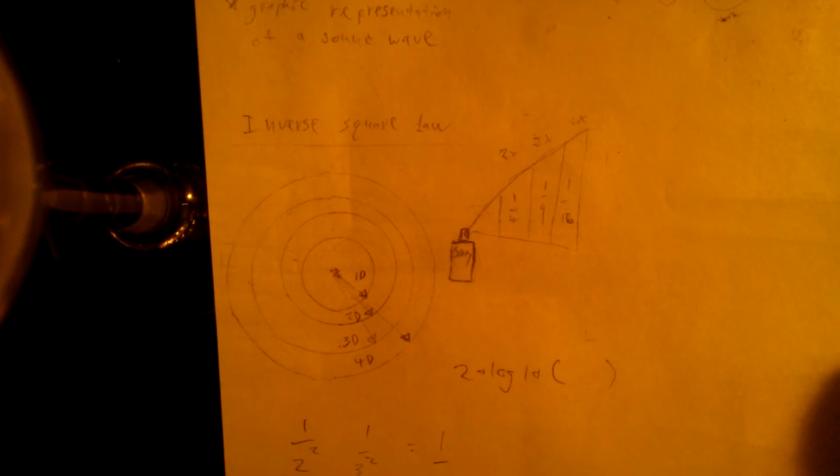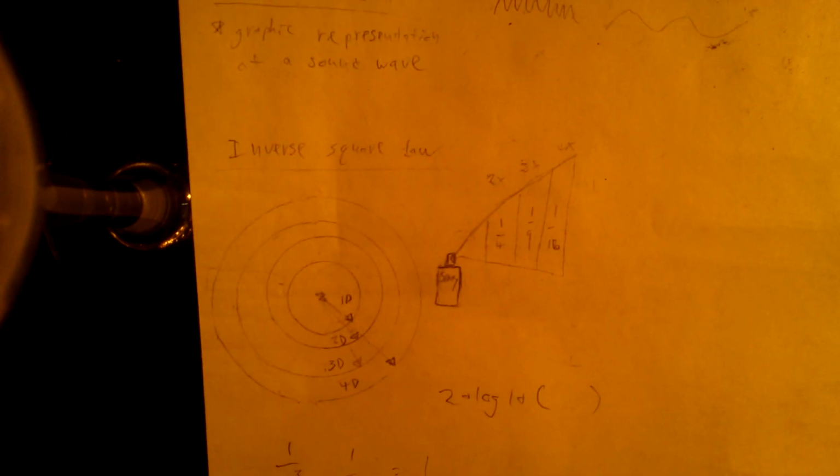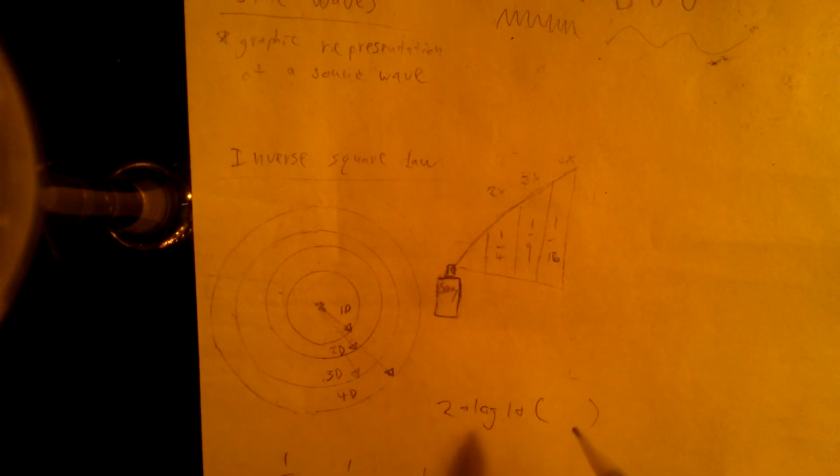Alright, so in regards to finding out how much a sound level drops, we're going to have to understand decibel. Decibel is just a measurement for the air displacement, the pressure displacement that occurs when a vibration triggers a sound wave. Formula we could use, 20 log 10.